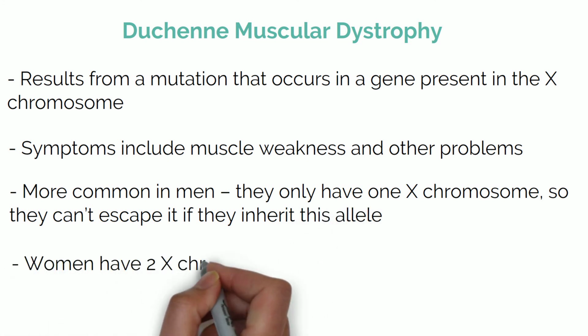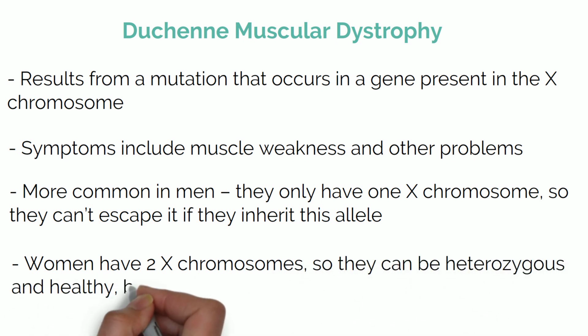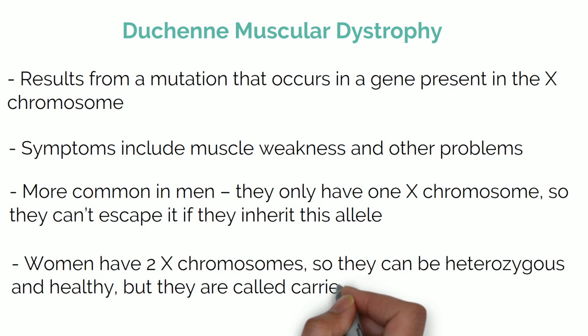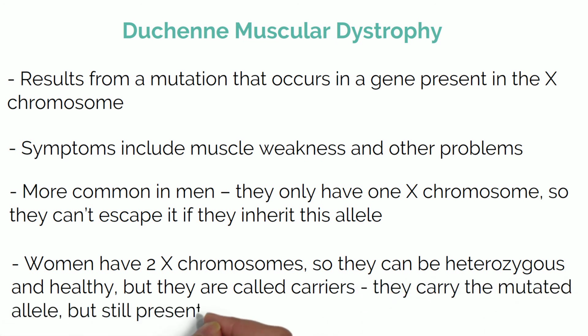Women, however, as they have 2 X chromosomes, can simply be heterozygous and therefore healthy, but they are called carriers as they carry the mutated allele, but still present a normal phenotype. In fact, any condition which is recessive and present in the X chromosome makes men more prone to it, and women less prone to it.